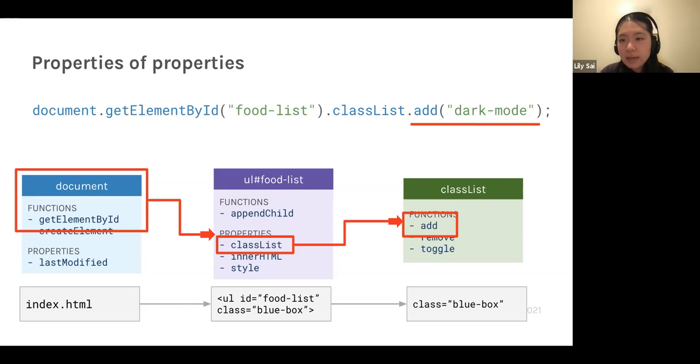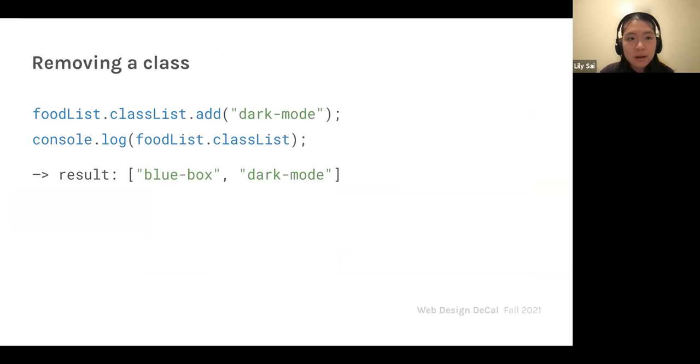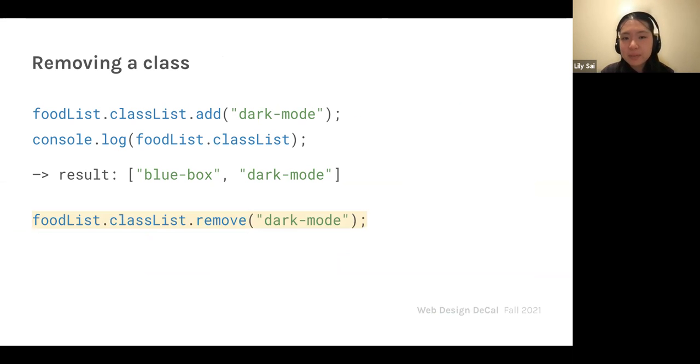In our case, we used add, but once we add on a dark mode, you also want to be able to leave it. So we can use remove. It works very similarly to add, where we pass in a string, or a class, that we want to remove.